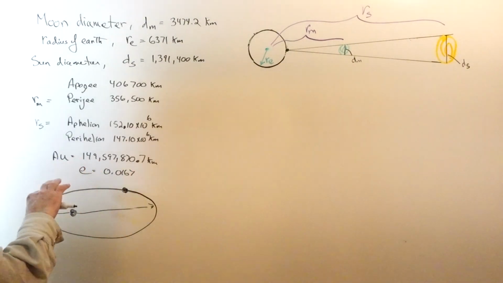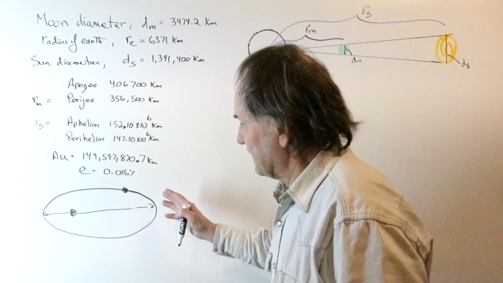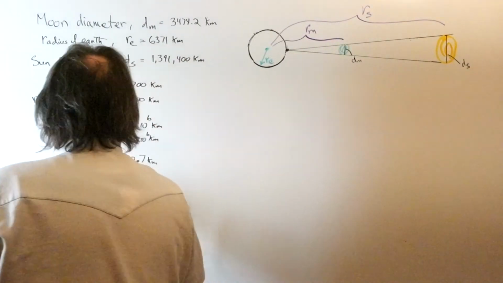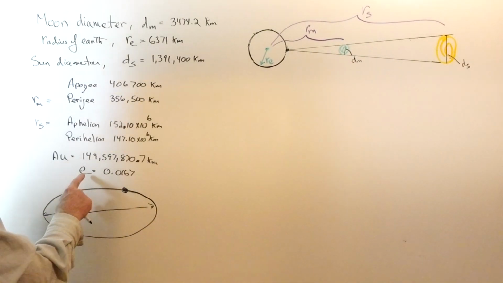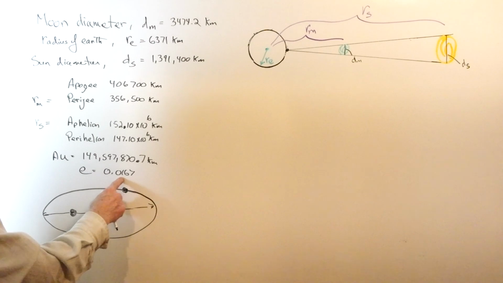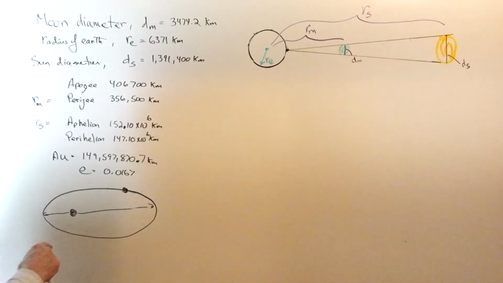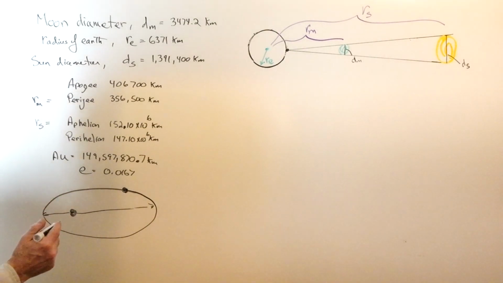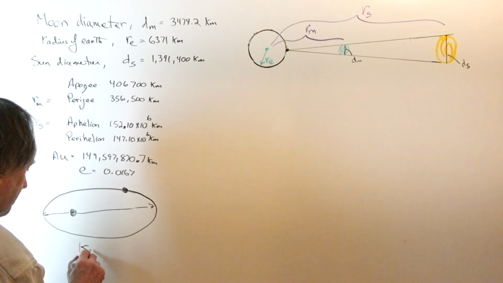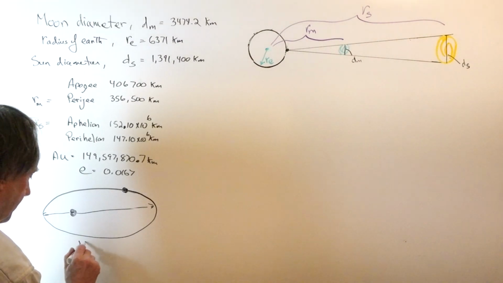And the eccentricity, which is a figure of merit of basically the squashiness of the orbit, if it was perfectly circular, the eccentricity would be 0, and you can see it's a very small value, so it's very close to 0. Eccentricities for ellipses vary between 1 and 0.